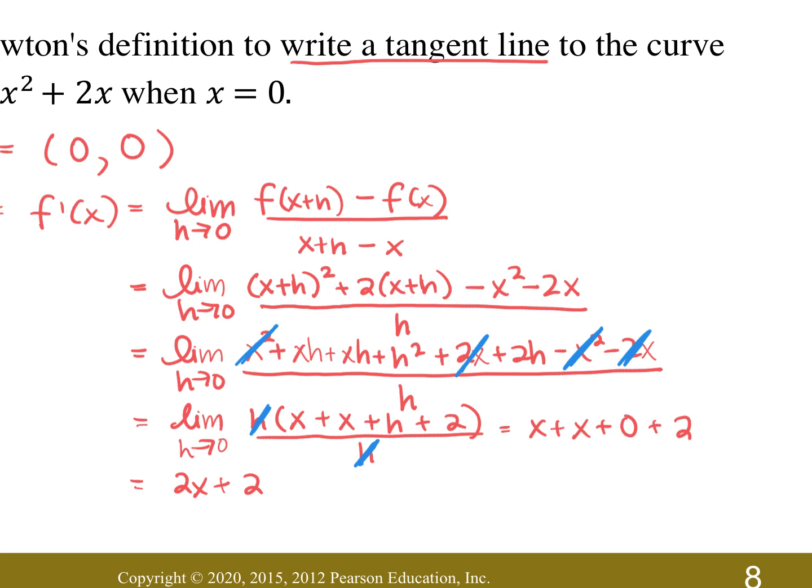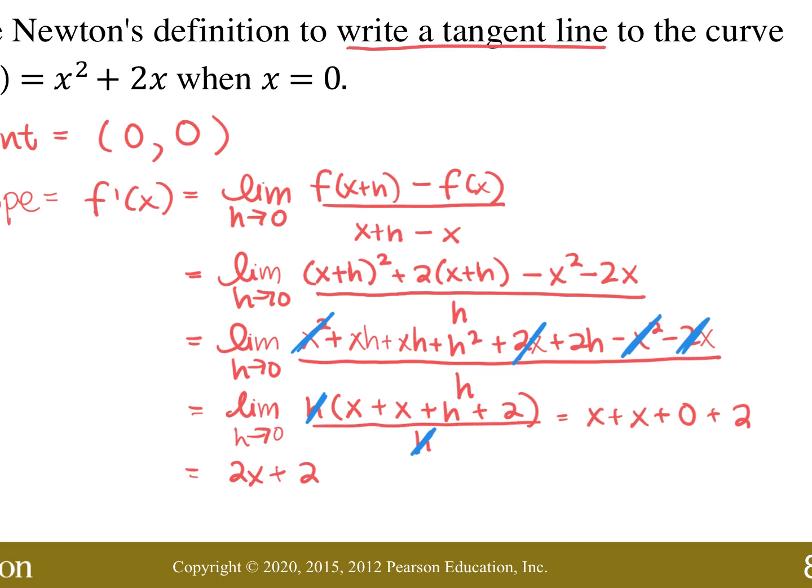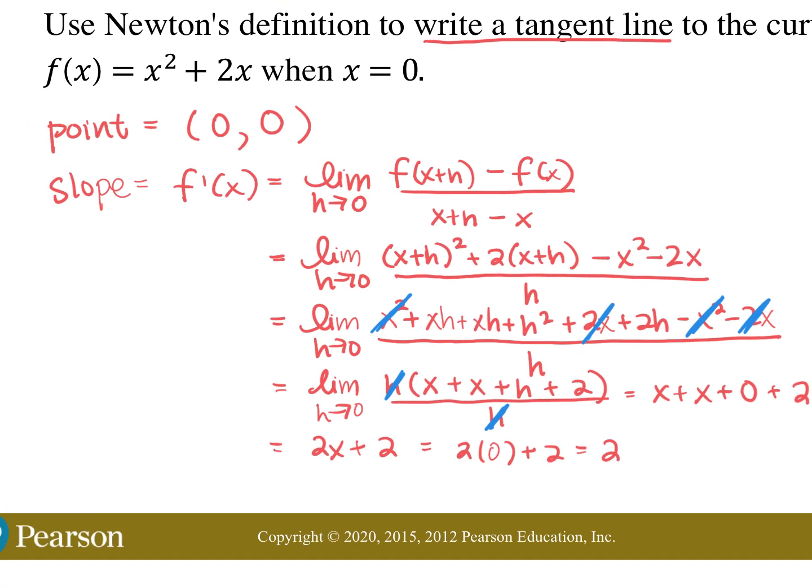All right, but is this a slope yet? No. Where do I want to know the slope at? At 0, because that's my point that I'm working on. So then my slope at 0 would be 2 times 0 plus 2. In other words, my slope is 2. So all of that to answer the question of writing a tangent line.